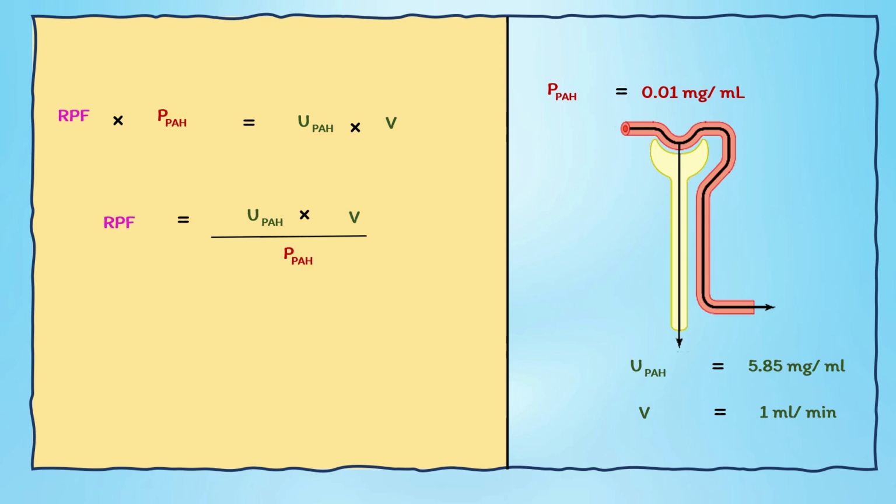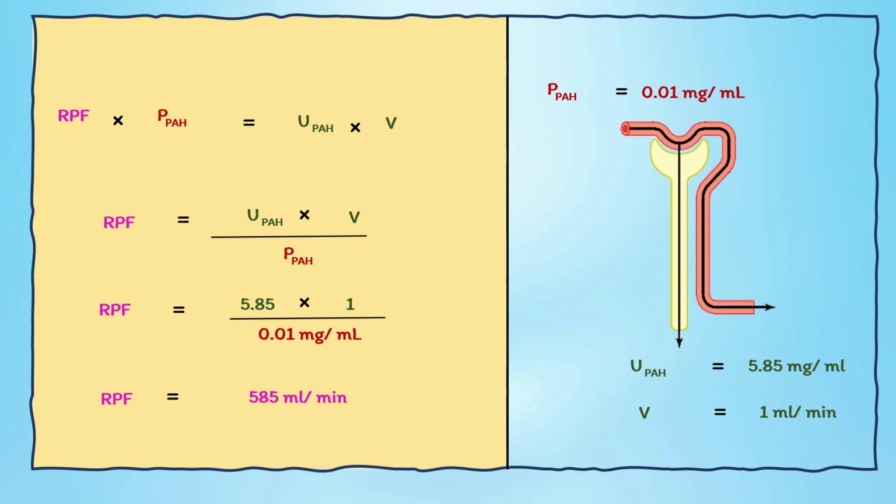Putting the values in the equation, renal plasma flow is 585 milliliter per minute. Therefore, the clearance of para-aminohippuric acid can be used as an approximation of renal plasma flow.